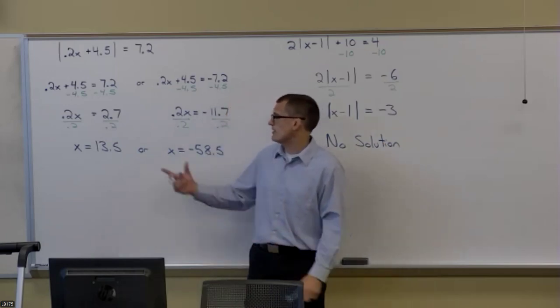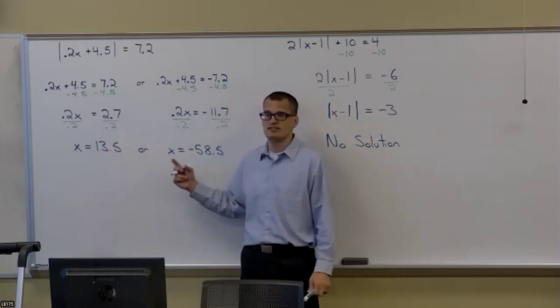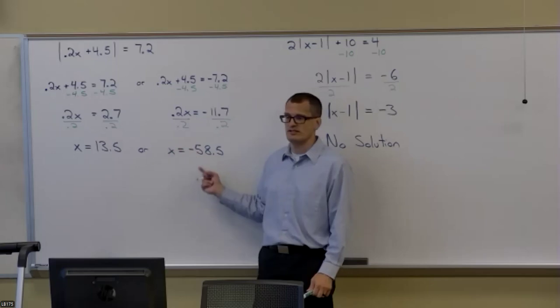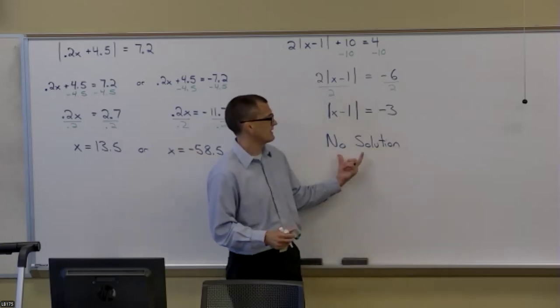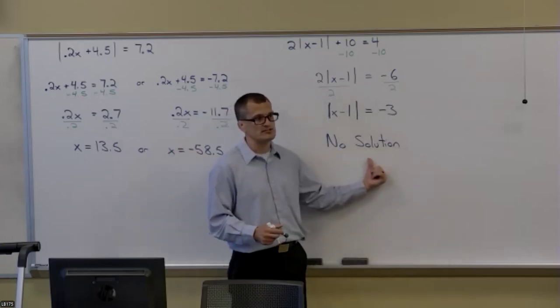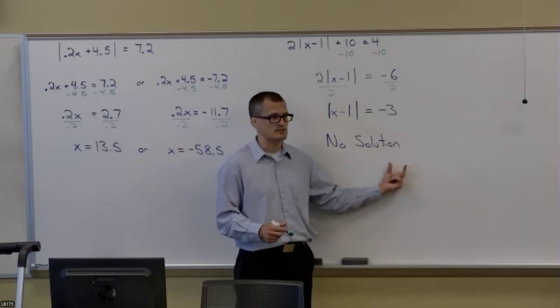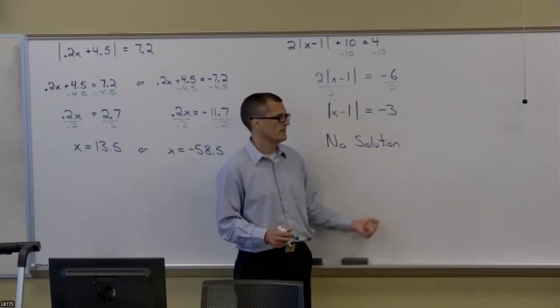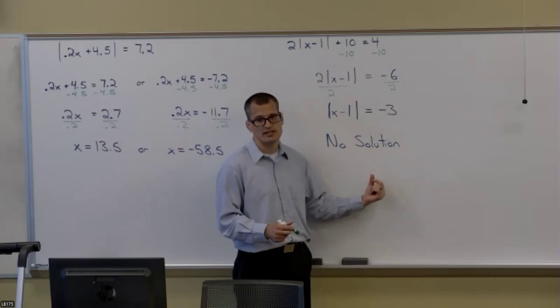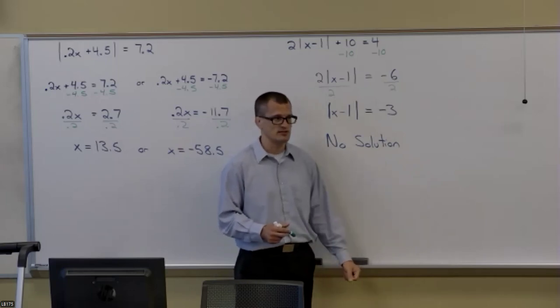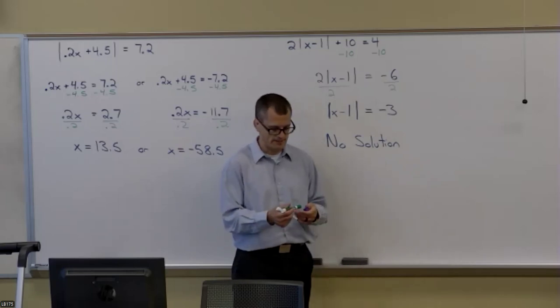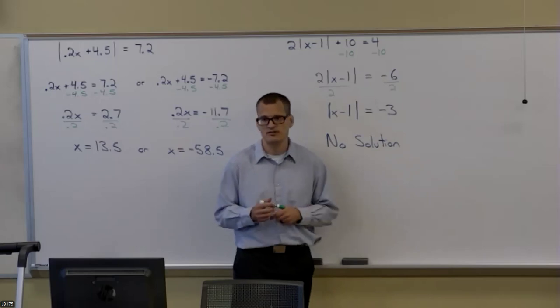On the homework on this one, it'll say larger answer is this, smaller answer is this, and you just write the numbers. On something like this, it'll say larger answer is this, you write DNE or NS for no solution or does not exist. And then the smaller solution, you say DNE or NS. No solution, does not exist.